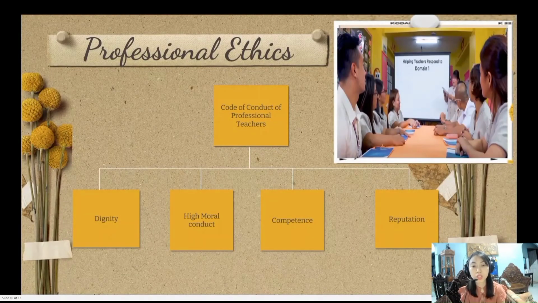Next is the professional ethics. So, we have the code of conduct of professional teachers. Ina-emphasize dito yung dignity. So, as teachers, we should be worthy of honor and respect from our students, colleagues, and also the parents and other people in the community.